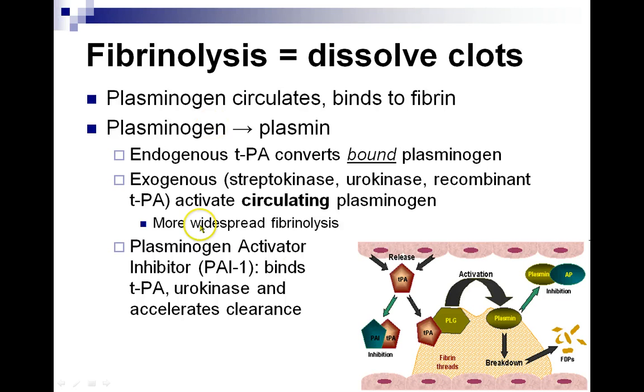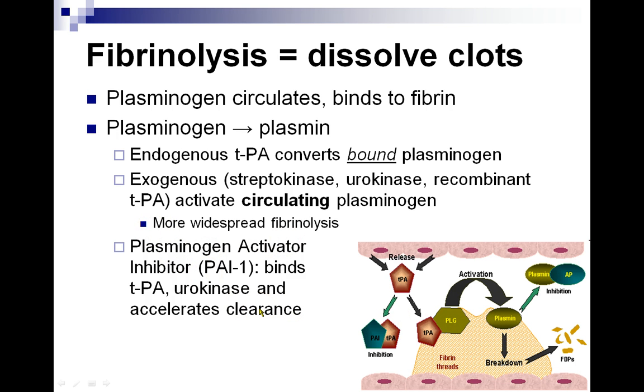Now your body also has a substance called PAI, plasminogen activator inhibitor, which binds to the TPA and accelerates its clearance so that it can't bind to plasminogen, activating it into plasmin and breaking down clot. Instead, that process is inhibited, and that's why it's called plasminogen activator inhibitor.